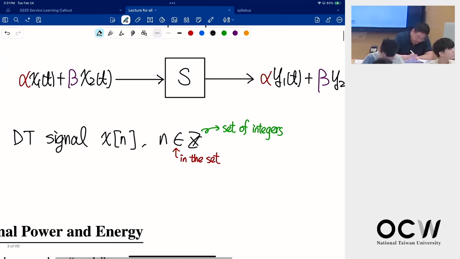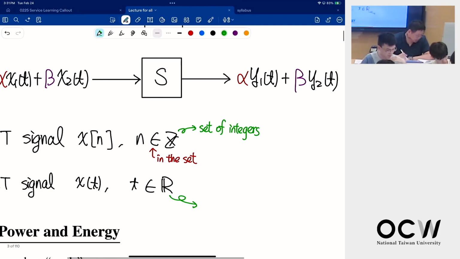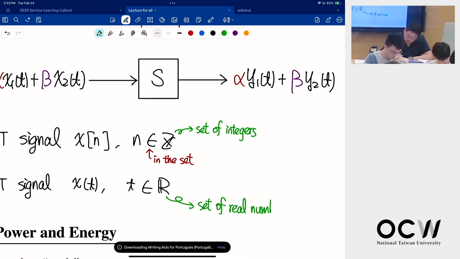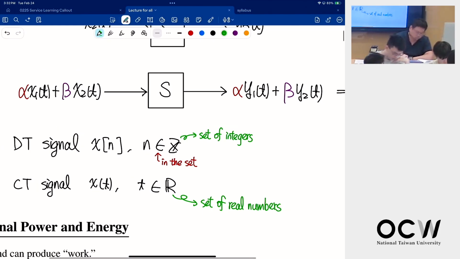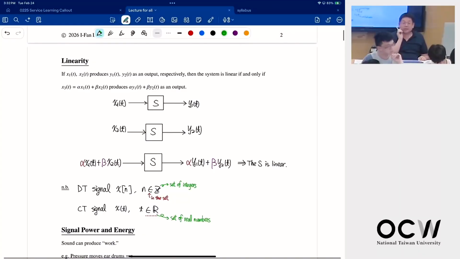If it is a continuous time signal, t is in the set of real numbers. Okay, that's called linearity.